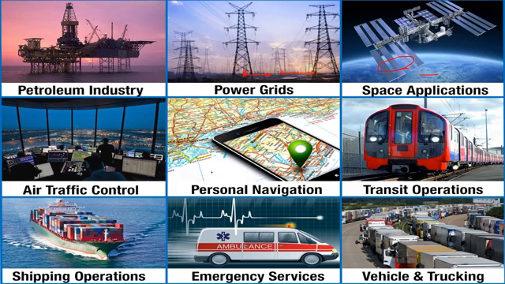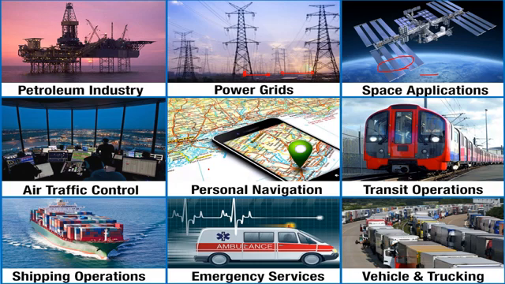Personal navigation, nowadays we use it for personal navigation. For example, if you want to go somewhere on the Earth's surface, we may open Google Maps and just give the coordinates or the name of the area. After giving the name, it directly shows us the point and the location, and also shows the distance and directions.